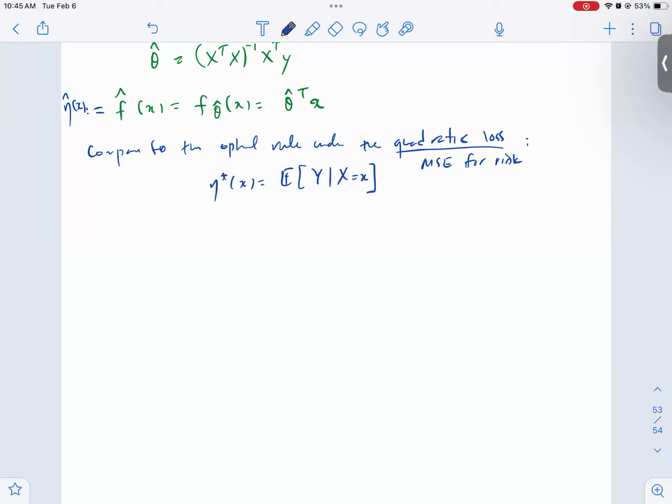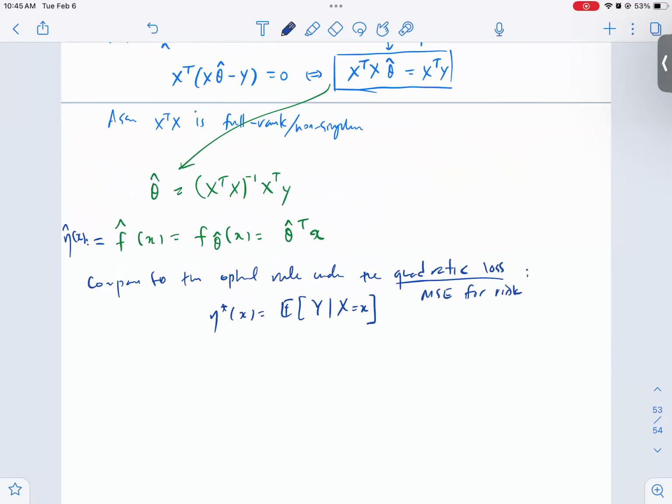Okay. So we don't know this. We assume that it is linear, sort of, and then this is our estimate.